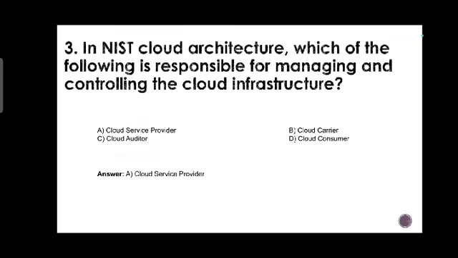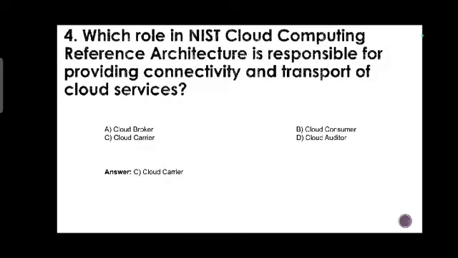In NIST cloud architecture, which of the following is responsible for managing and controlling the cloud infrastructure? A, cloud service provider. Which role in NIST cloud computing reference architecture is responsible for providing connectivity and transport of cloud services? C, cloud carrier.